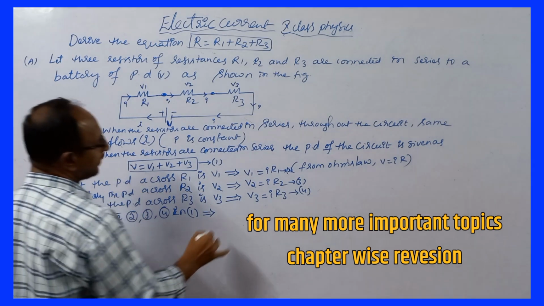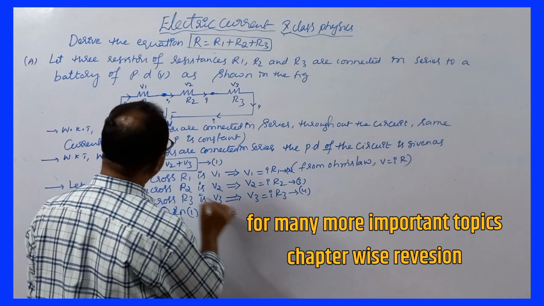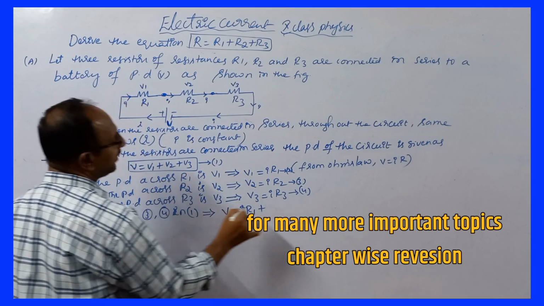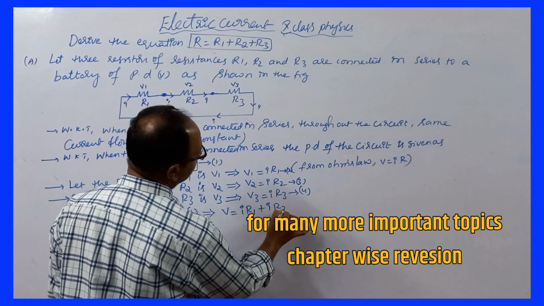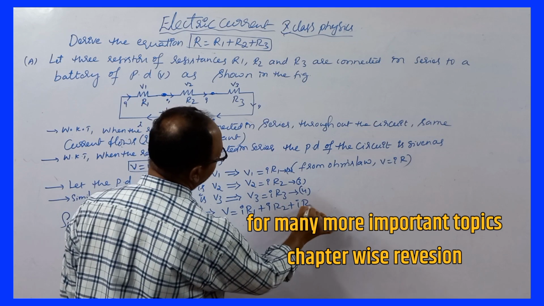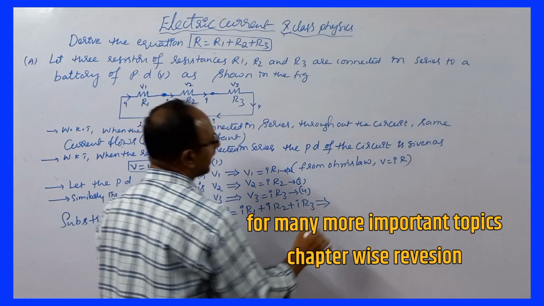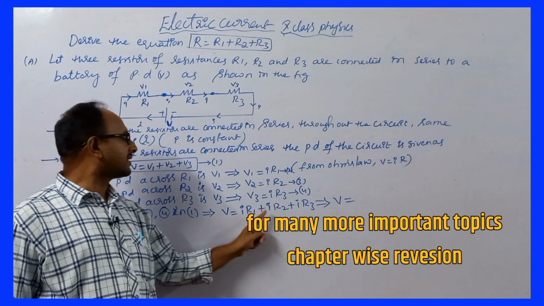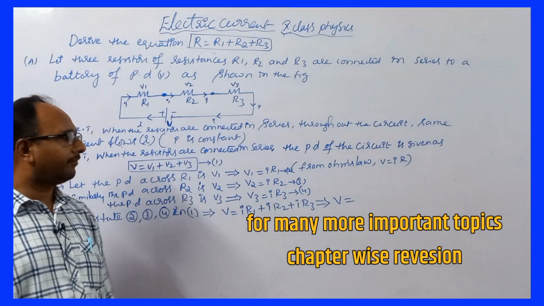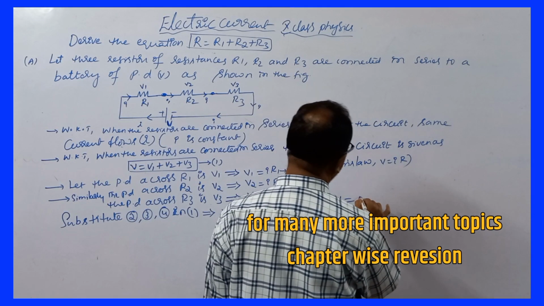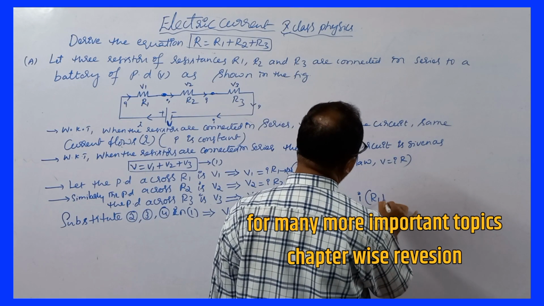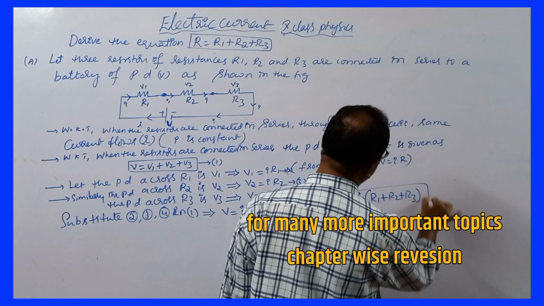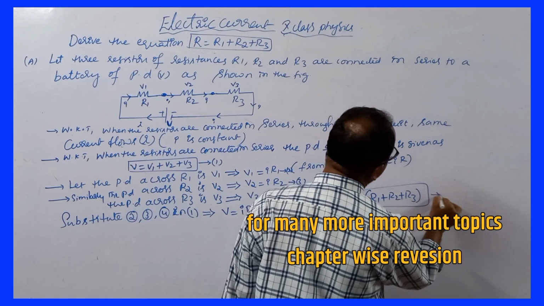This implies V is equal to V1 means I R1, V2 means I R2, V3 means I R3. This implies V is equal to, in all of these, students, I is the common quantity. So I is separated as a common quantity: I times R1 plus R2 plus R3. This is equation number 5.